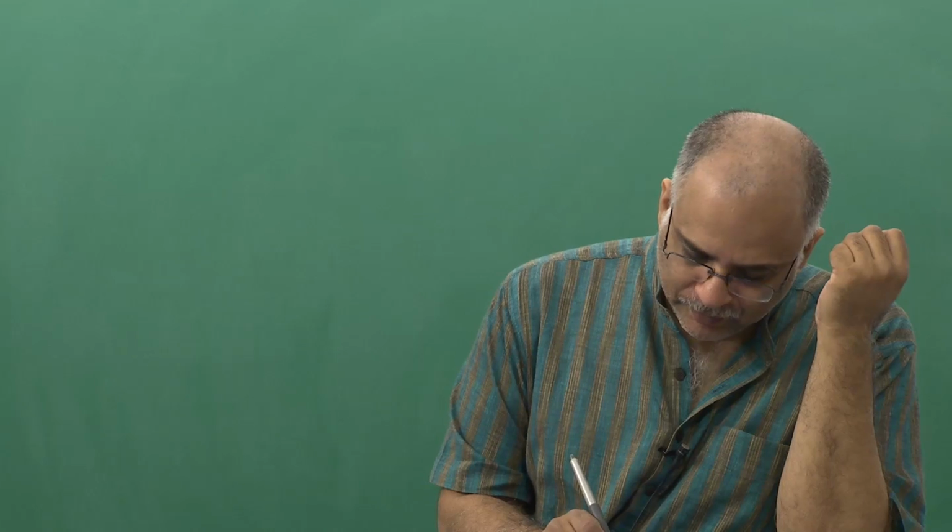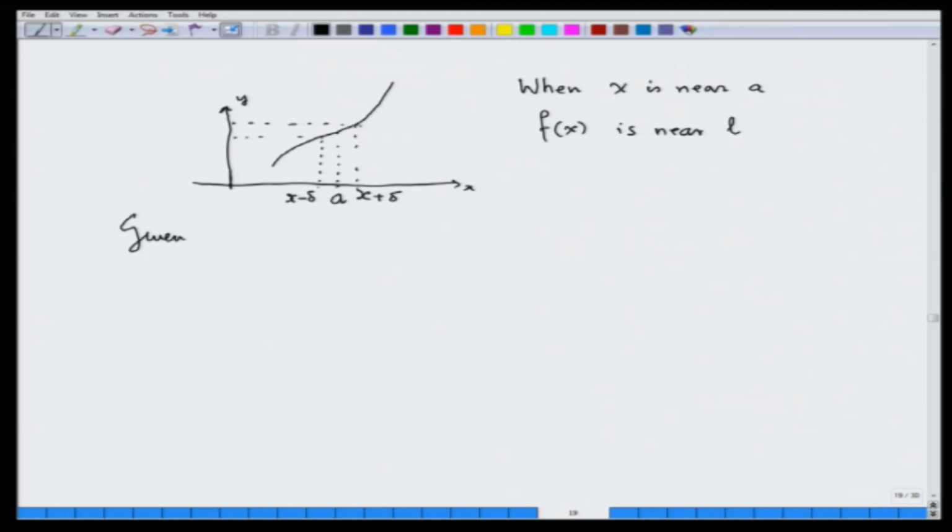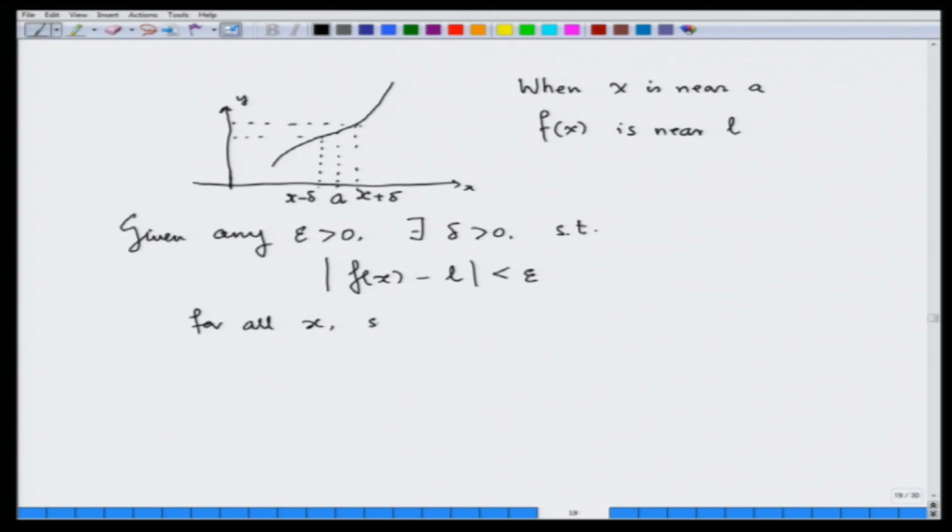So, given any epsilon greater than 0, there must exist a delta greater than 0 such that mod of f(x) minus L is strictly less than epsilon for all x such that the distance of x from a is less than delta, but x is never equal to a.